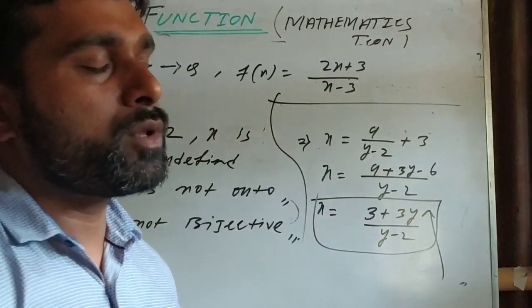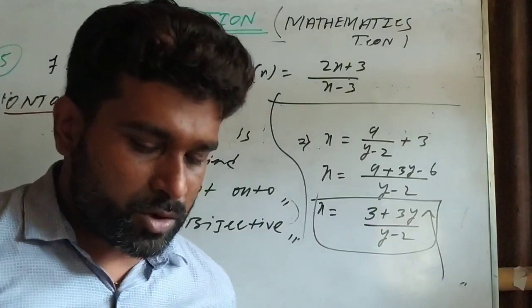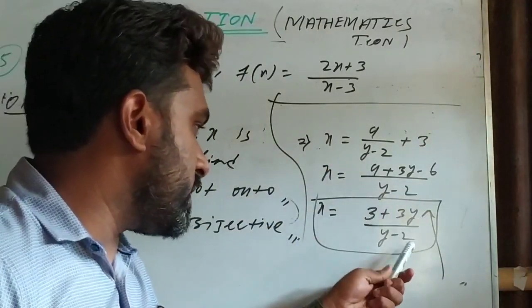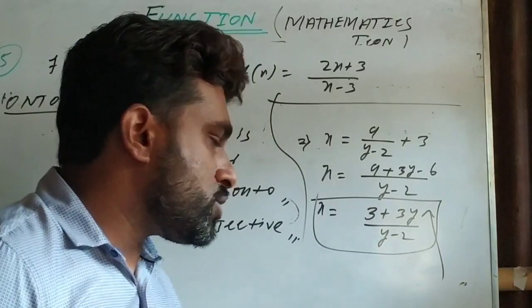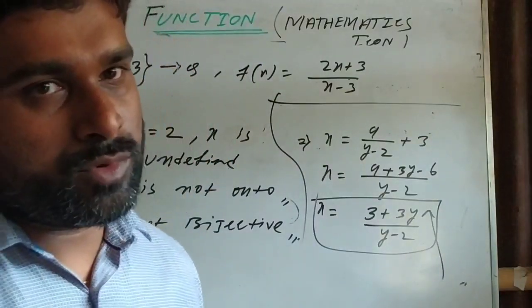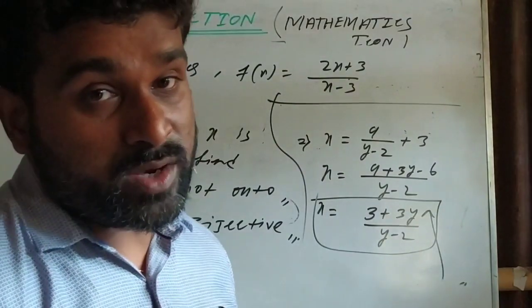Okay, after that for the ontoness property we had done a lot of algorithms, a lot of steps. After getting all the steps, we discovered this part, and we saw that if we choose y equals to 2 here, the value of x is going to be undefined. So the value of x should be a definite value, not an undefined value.